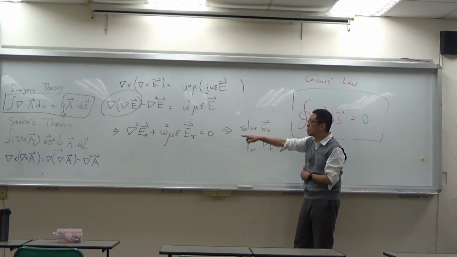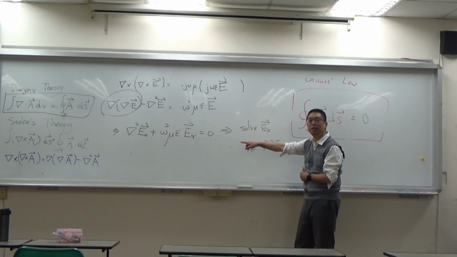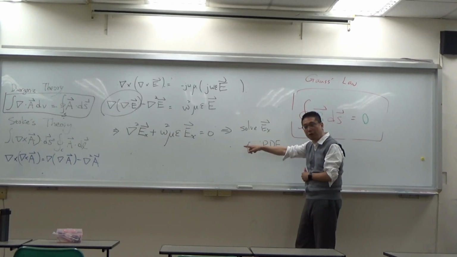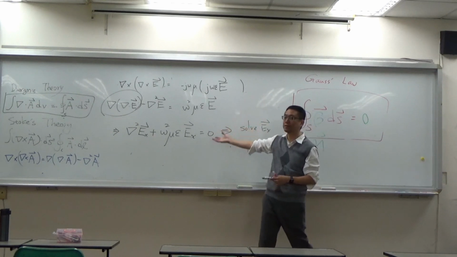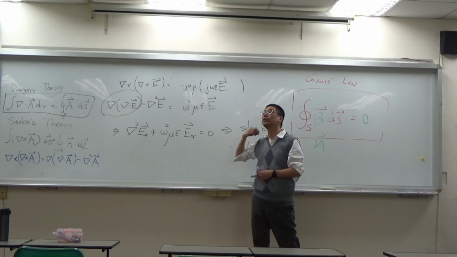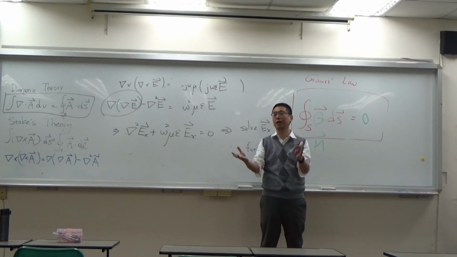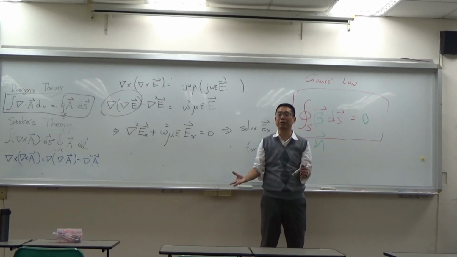This is a second order PDE. Did you learn this before in your calculus class? They are doing this thing from Maxwell equations. Okay, let me show you the answer, and you will know what you will see in your test for your electric field.